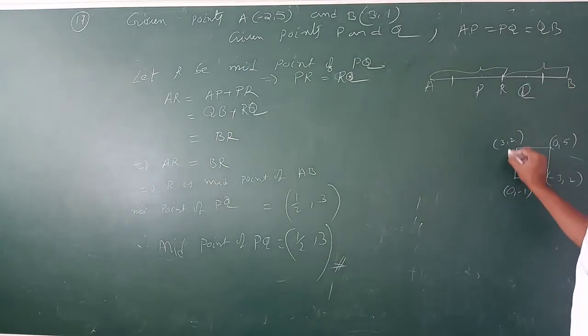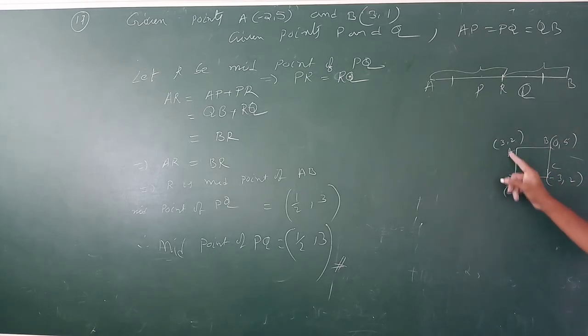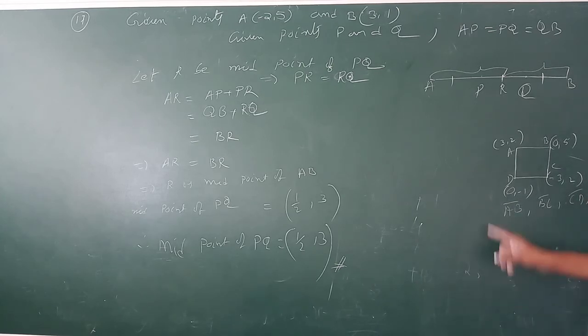Then let us suppose they are A, B, C, D. Find AB, the distance between A and B, then BC, then CD, then AD. Check whether these values are equal or not. Suppose those are equal.